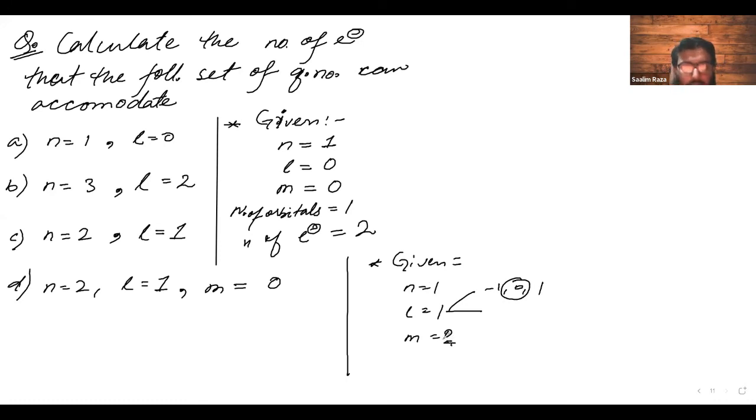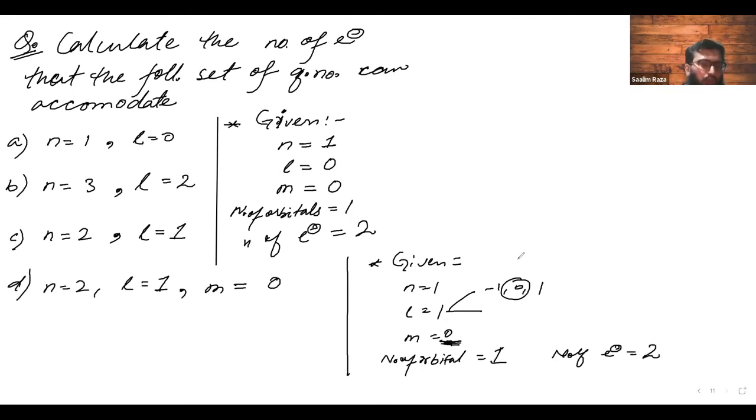Okay, this is a set of quantum numbers. So what will be the number of orbitals? Number of orbitals is equal to the number of values of m, that is 1. So number of electrons is equal to 2.